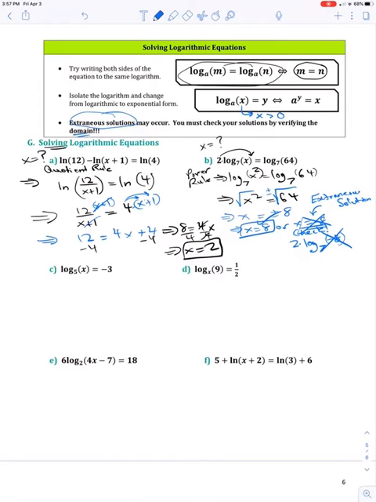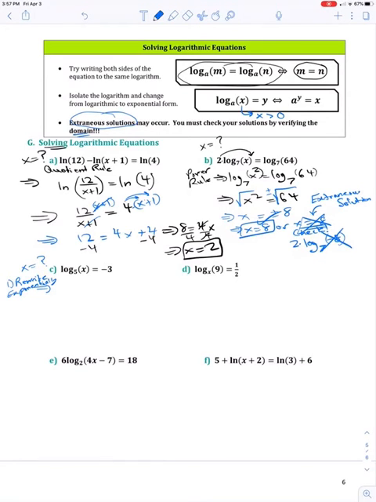So let's take a look at next example here with C and D. In C, let's see if we can find out what x equals. I've got log base 5 of x equal negative 3. Well, all I can do now is look at rewriting it exponentially. So again, I can't use same base rules like we've been using on the other ones, 2 log base 5s, so not log base 5 on the right side.